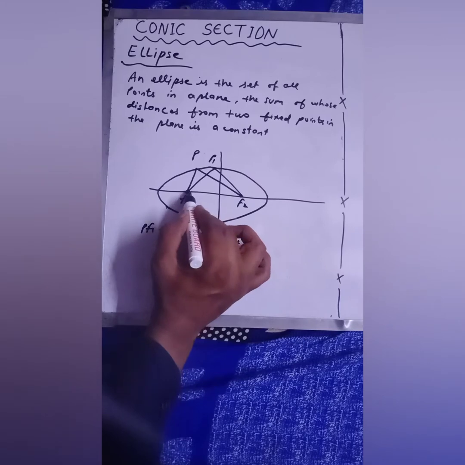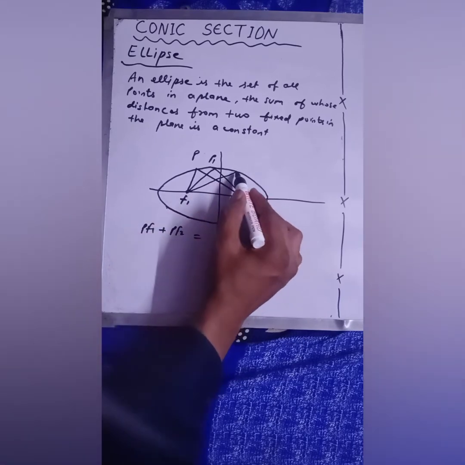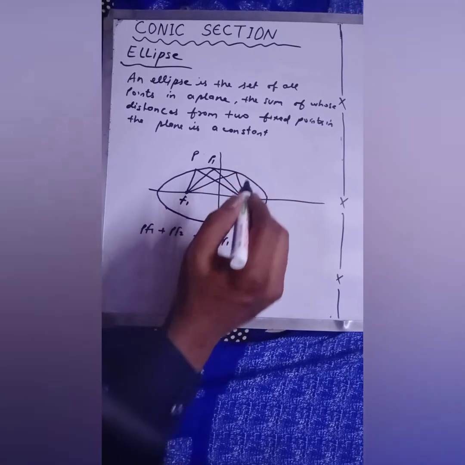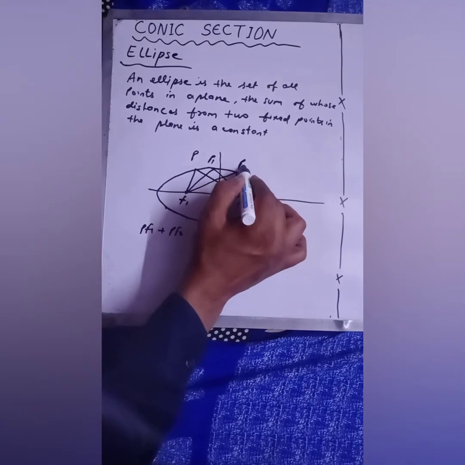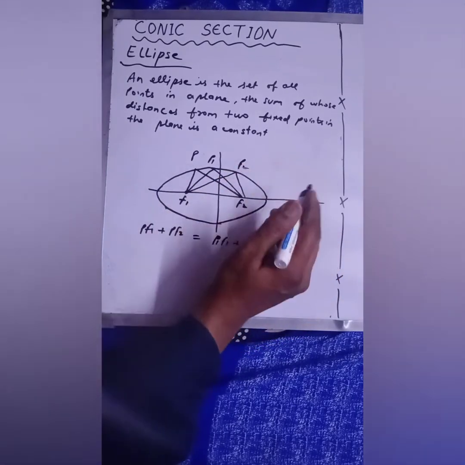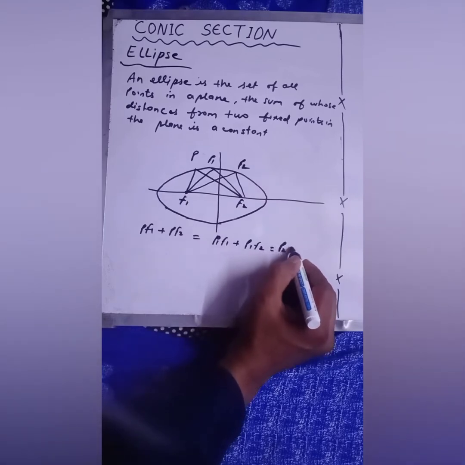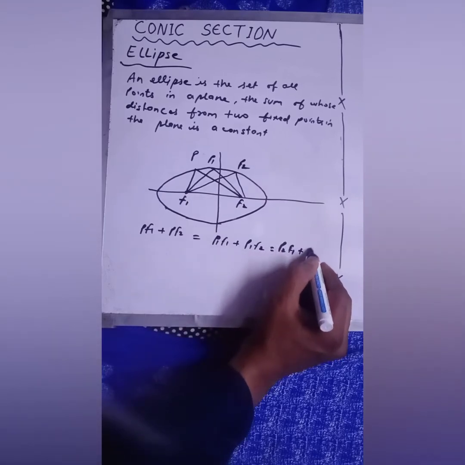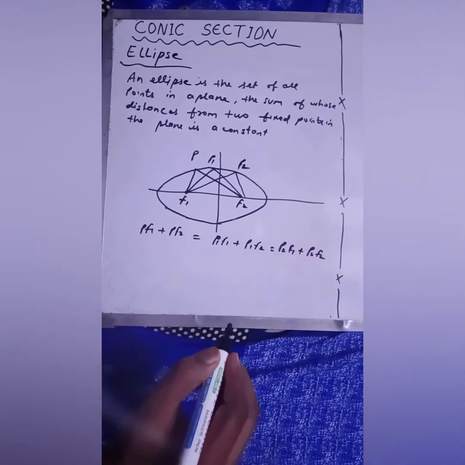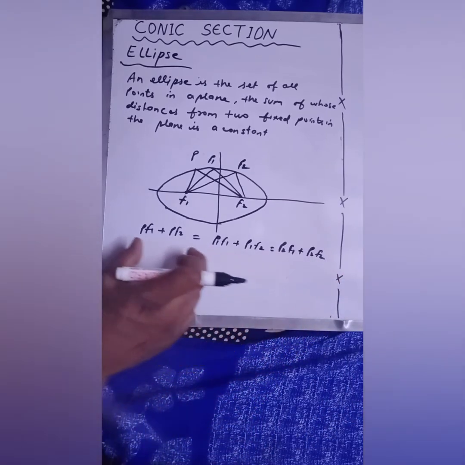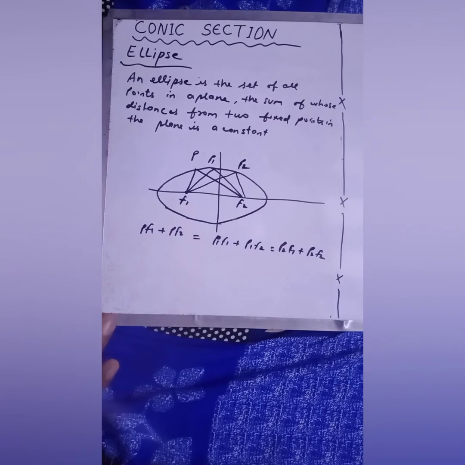Okay, if I take another point here, suppose this is your p2, so this distance will be p2 f1 plus p2 f2. So all these distances would be equal.